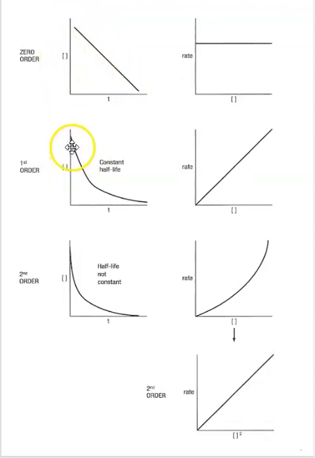And this next one, you get a smooth curve with a constant half-life. So I'm plotting the concentration of a reactant or something proportional to that against time. And maybe we'll see a little bit more what's meant by that when we look at the practical in a second.